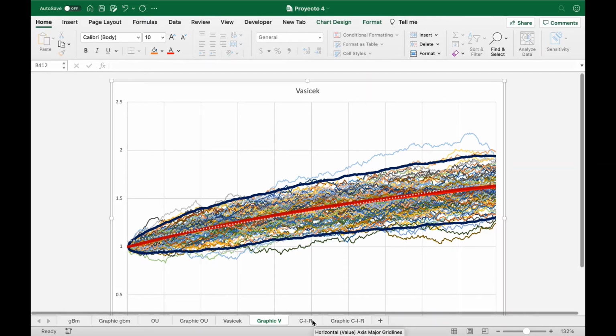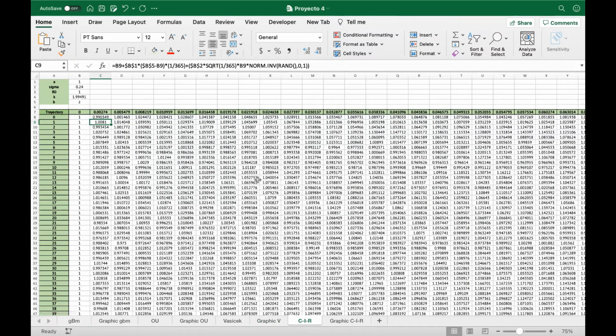And finally, we did the same for the Cox-Ingersoll-Ross model. And here it's pretty much the same as the Vasicek model, because we have to assign the values of A, B, R0, and sigma, and the formula is pretty much the same. The only thing that changes is this multiplication of the previous value times the error.